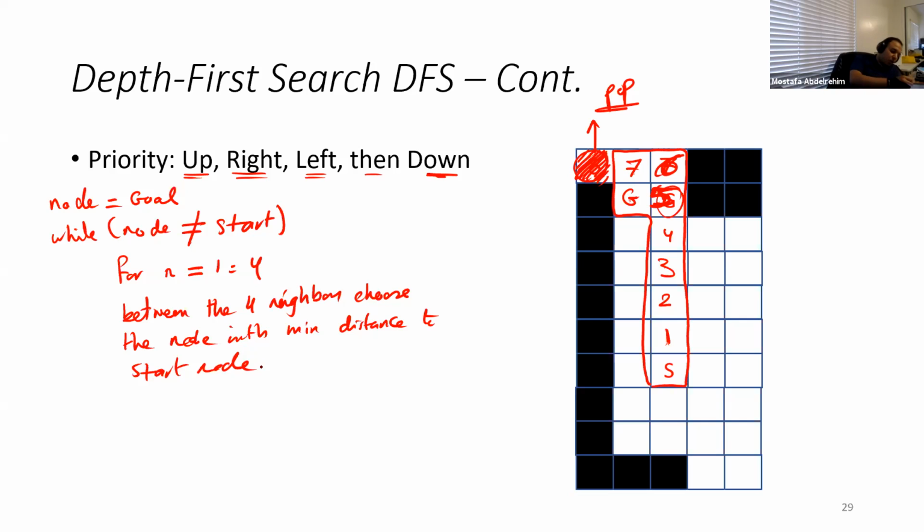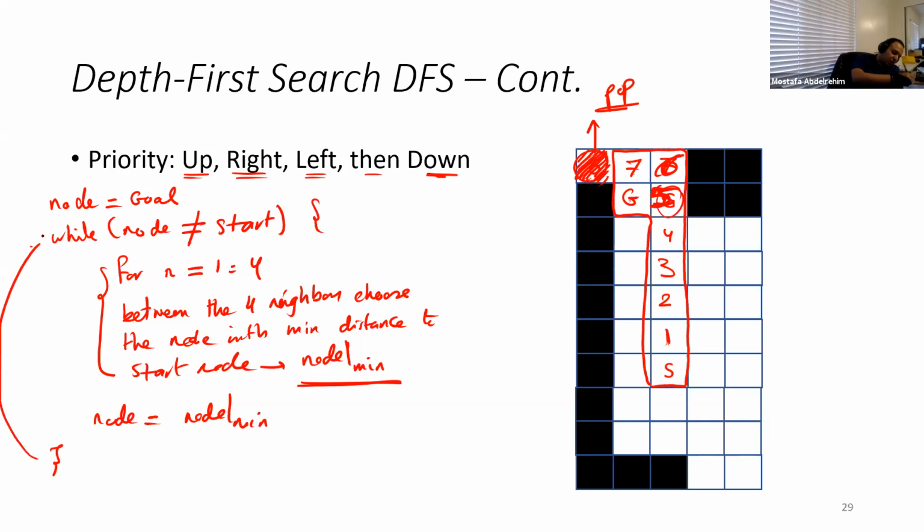Let's call it node min, for example. So in this for loop, you discovered the node with minimum distance to the start. So you assign now node equal to node min. And then you continue the while loop.